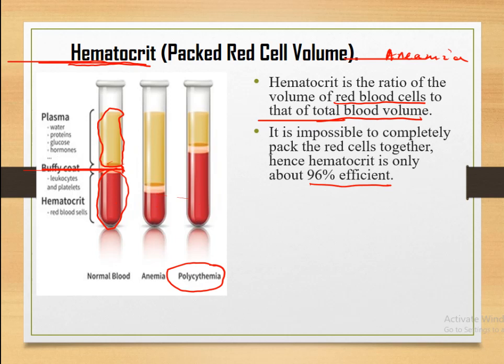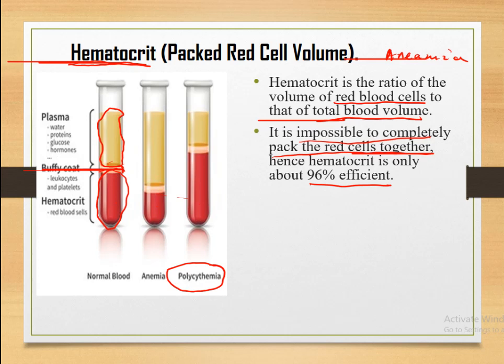Why is it not 100% accurate? The answer is simply that it is impossible to pack the red blood cells together perfectly.